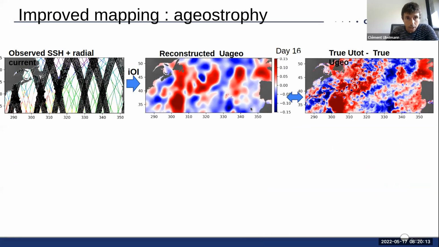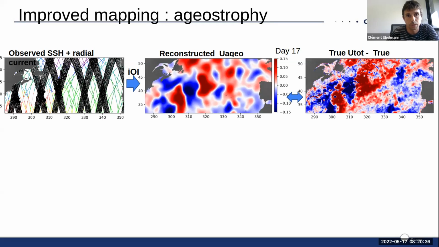And now for geostrophy, we can have a really decent job. This is the reconstruction compared to the ground truth on the right. Of course, we do not resolve all the very short spatial scales, but the large patterns are quite well resolved if we compare 24 hours apart. Of course, the field moves a lot and we cannot capture the motions.